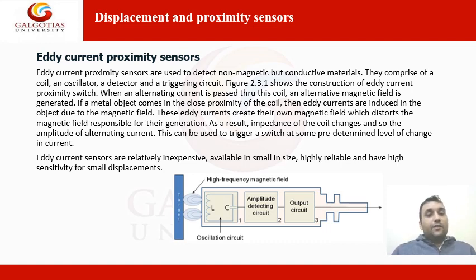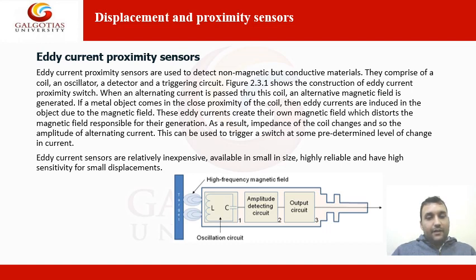The eddy current proximity sensors are used to detect non-magnetic but conductive materials. They comprise coils, oscillators, and a detector or trigger circuit. This figure shows the construction of eddy current proximity sensors. This is the output circuit.